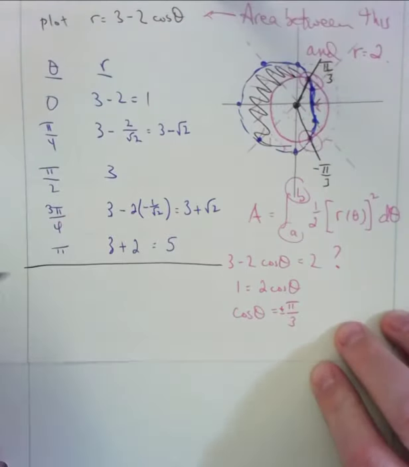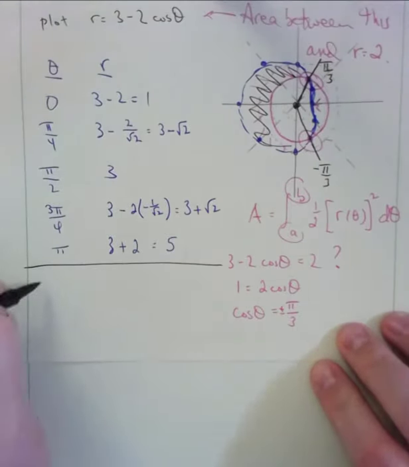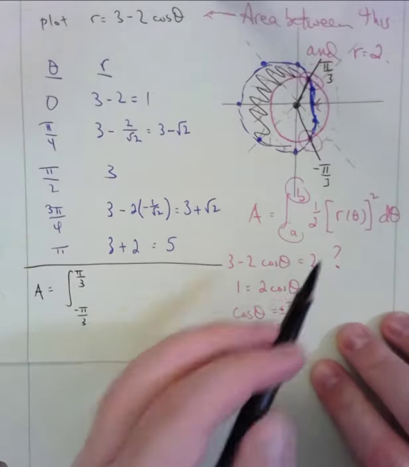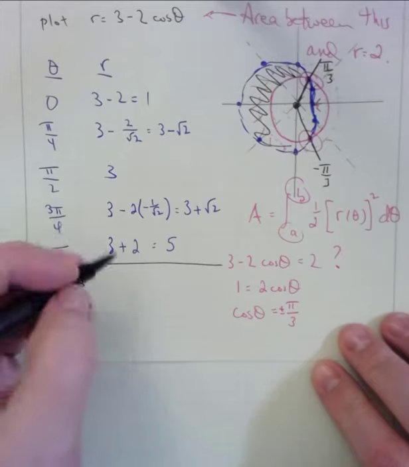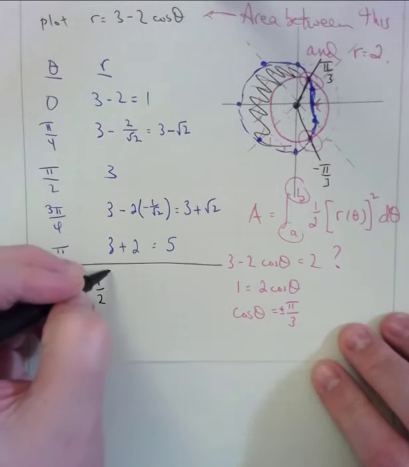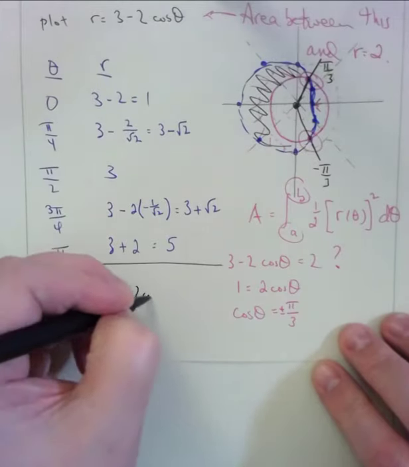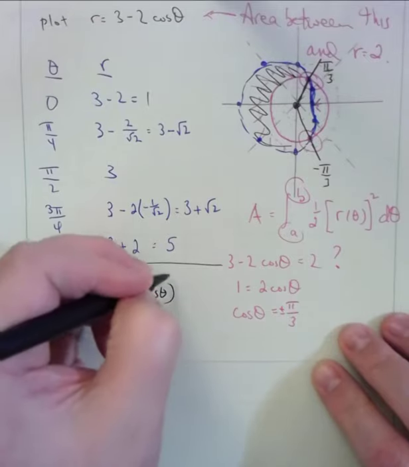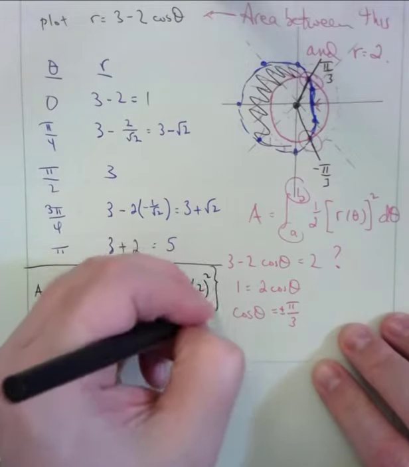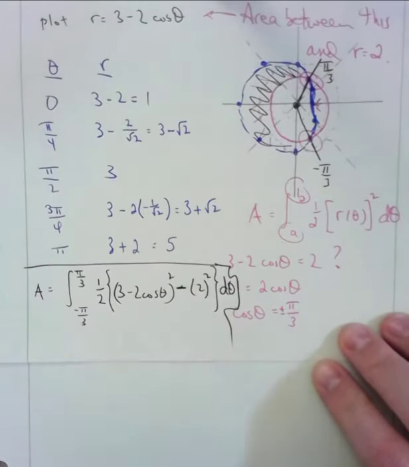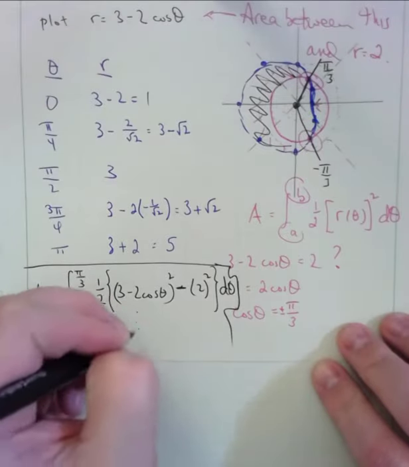So the final expression for area that we want would be the integral from minus pi over 3 to pi over 3, and then 1/2 times the outer function squared minus 1/2 times the inner function squared, which I can group together like this. Like so, and then at this point, it'll get done.